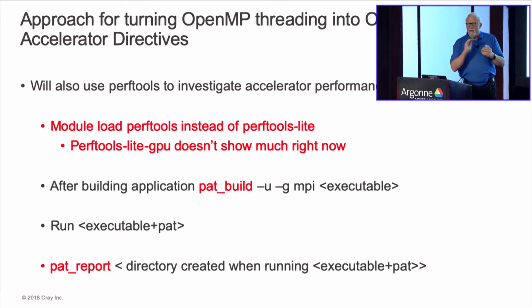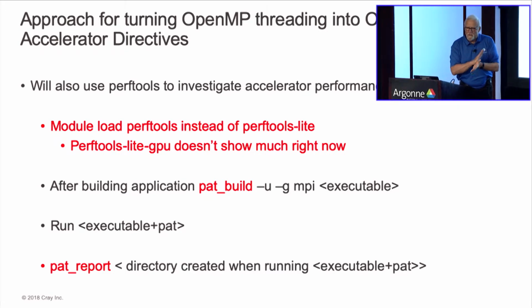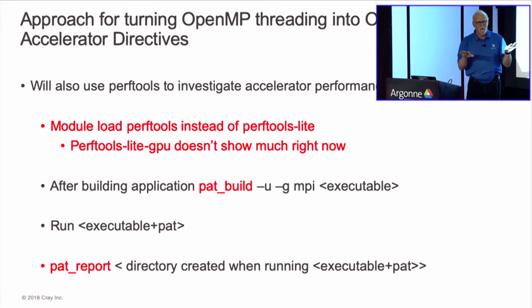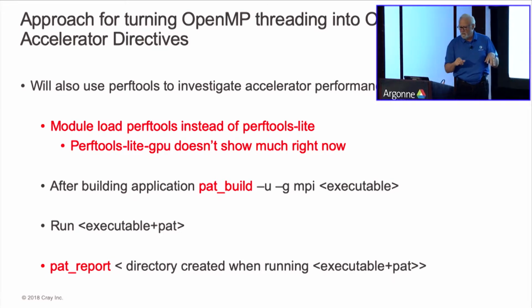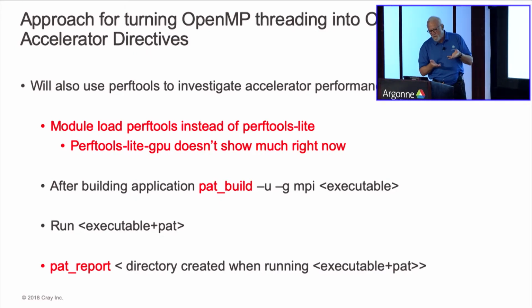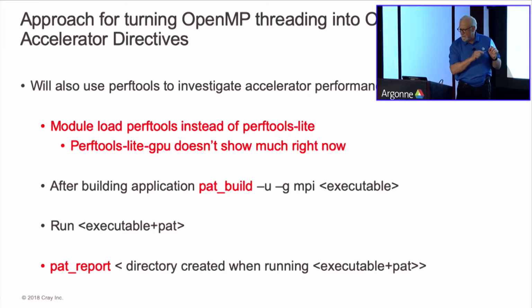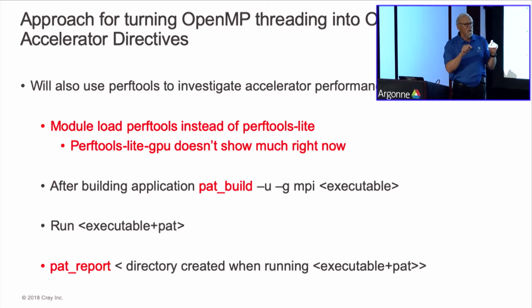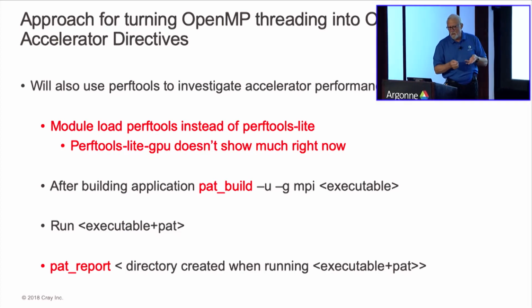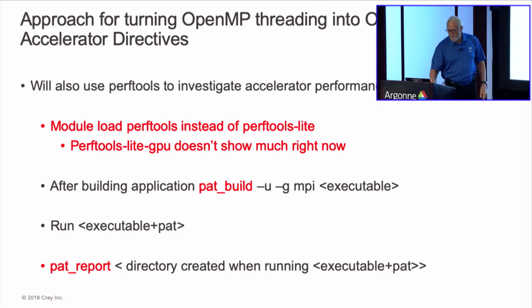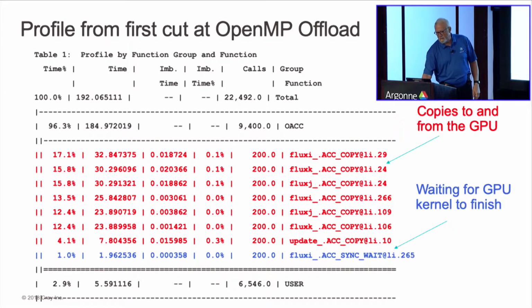Now, we do have a Perftools-lite GPU, but it's terrible. So you have to use Perftools to get GPU statistics. And when you use Perftools, you have to do a pat_build -u, and -g mpi if you use MPI. Run the executable and then do a pat_report on the statistics directory.